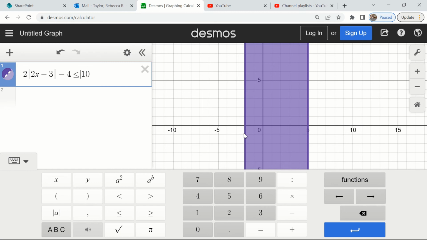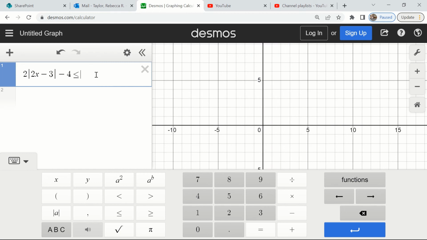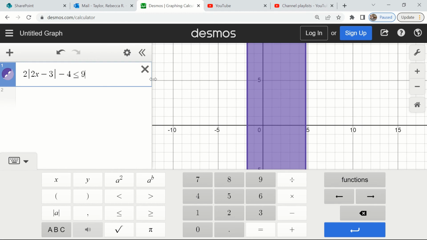So -2 and 5 are pretty easy to see, but if I change that number to say a 9, now you'll notice that I don't exactly know where the lines are on here. So I wouldn't necessarily want to use this to actually solve this inequality, but I definitely could use it to check my algebra and to know if my algebra answer was reasonable.